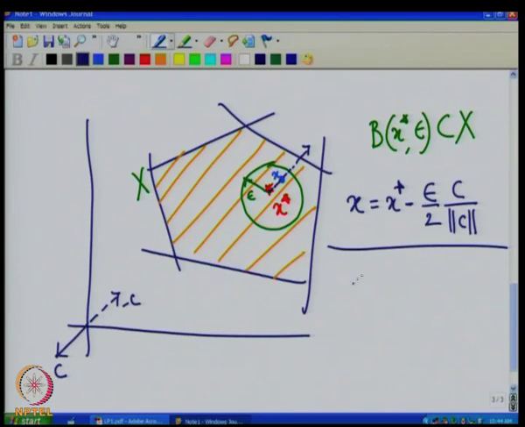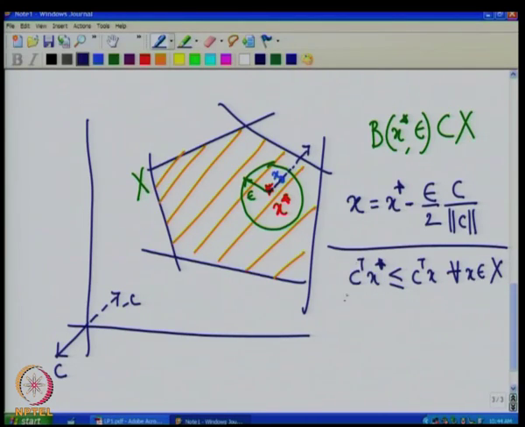So, therefore, C transpose X star is less than or equal to C transpose X for all X belonging to X, because X star is optimal. And suppose X star lies in the interior. So, there exists a ball of radius epsilon around X star which is contained in X. So, let us take a point X in that ball.